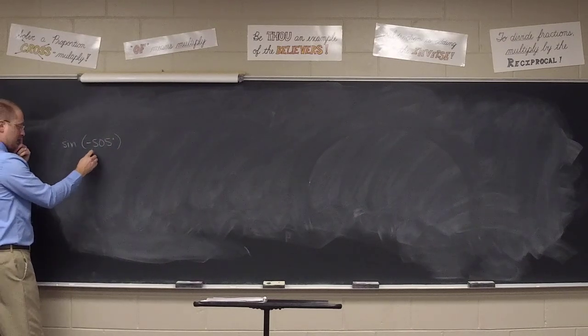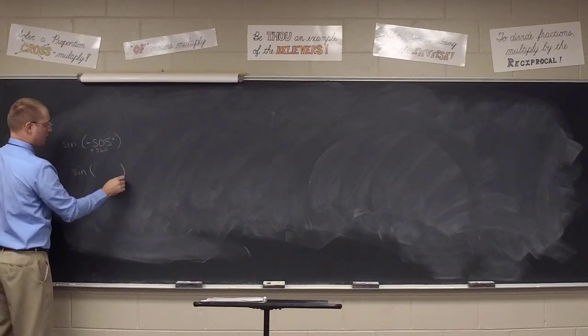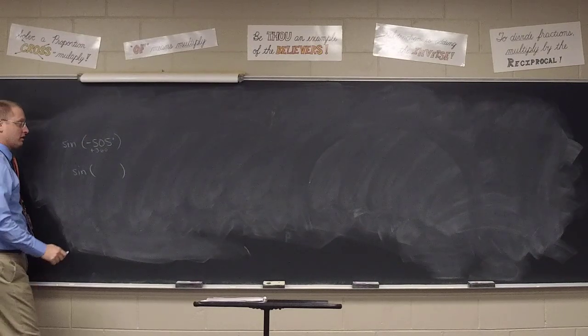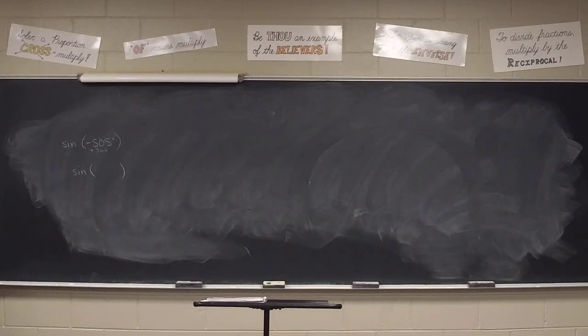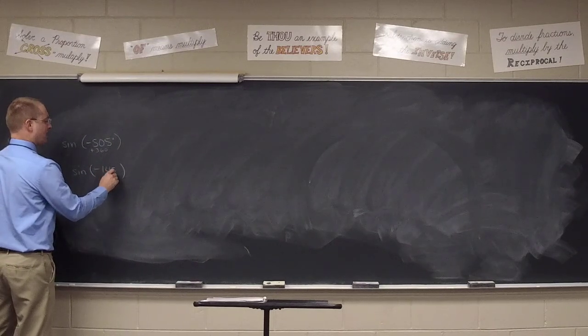Let's add 360, and when we do, we'll get... We started with sine of negative 505. We need to add 360 to get negative 145? Yes, negative 145.